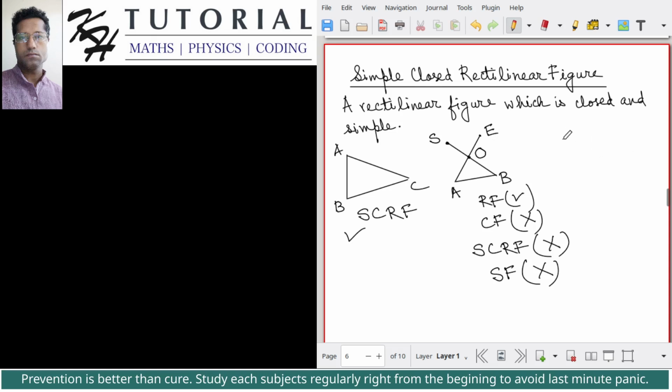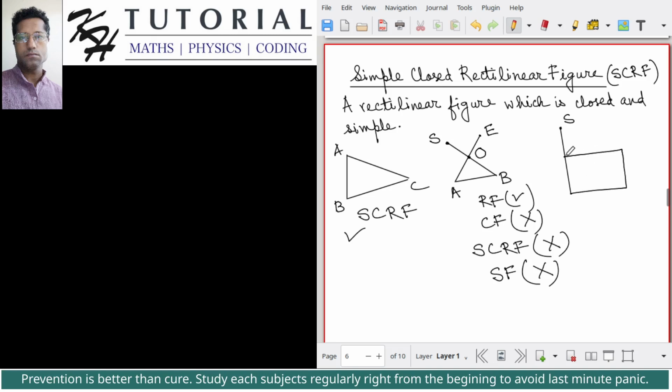Okay, let's see another example. Let's say I have drawn this. Is this a simple closed rectilinear figure? As you saw, I started at this point.